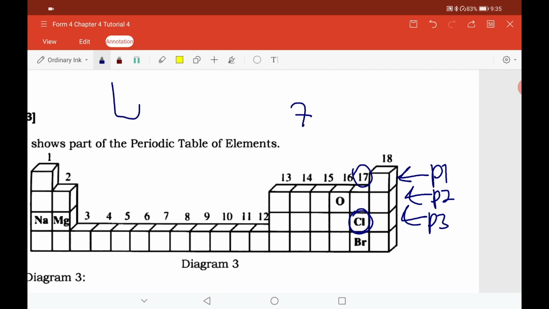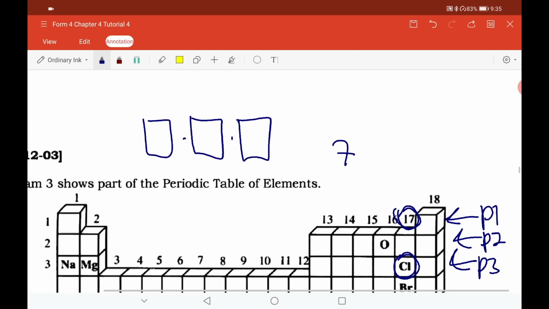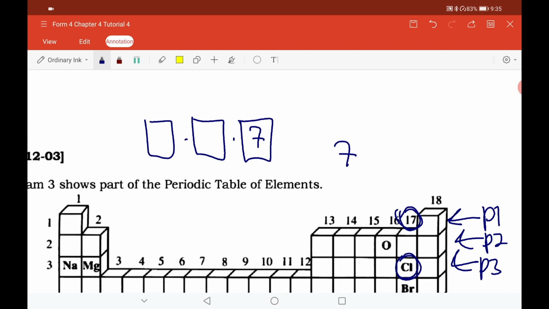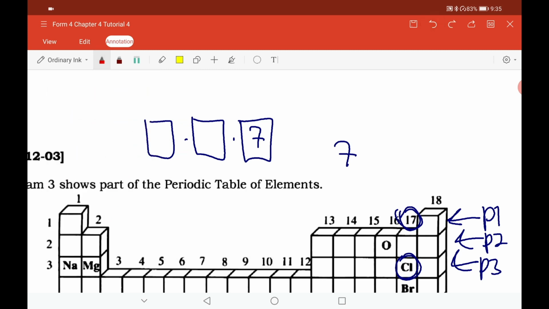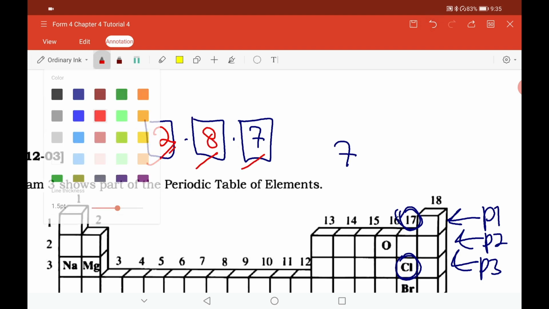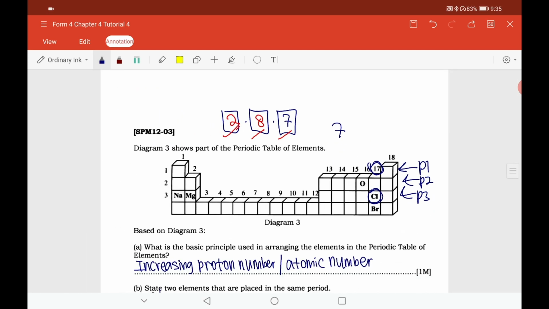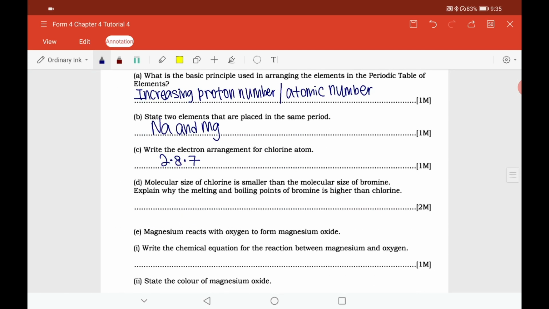And group 17 should have 7 valence electrons. Then you try to make it full. First shell, you put 2 electrons to make it full. Second shell, you put 8 electrons to make it full. So it's 2, 8, 7. That is the electron arrangement for chlorine.